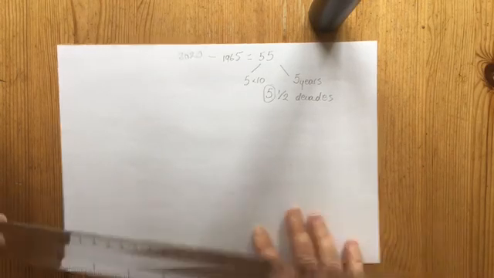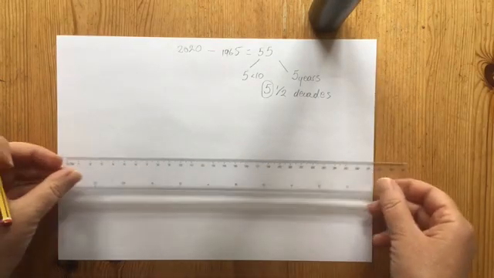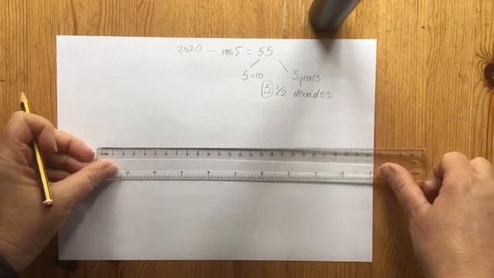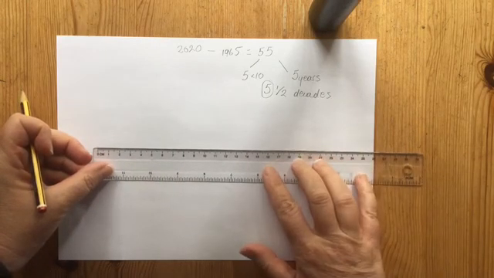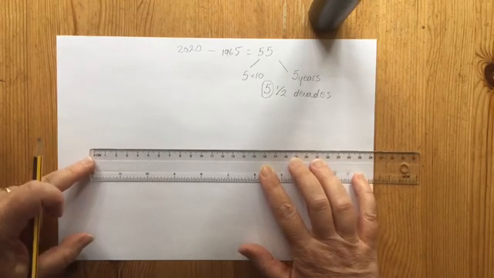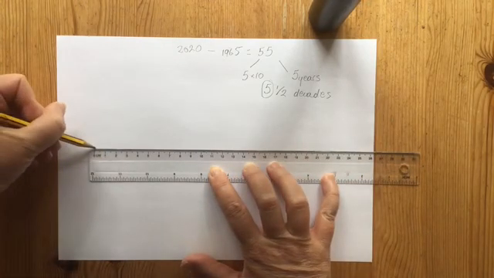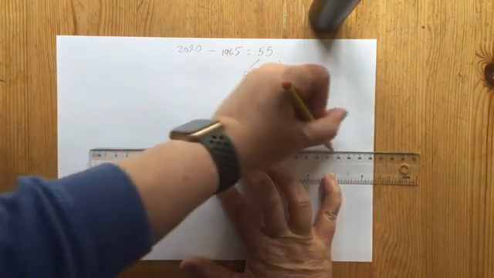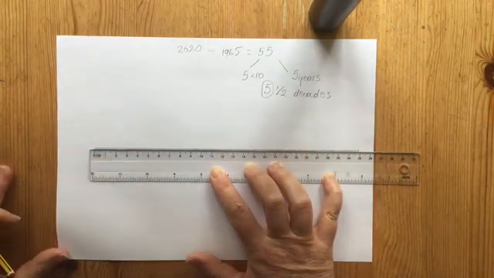What I'm going to do though, I'm not going to start here. I'm going to make sure it comes a little bit near the end, because I need some space here. So let's have a look. I'm going to start from 0 and stop at 25. 25 centimeters.